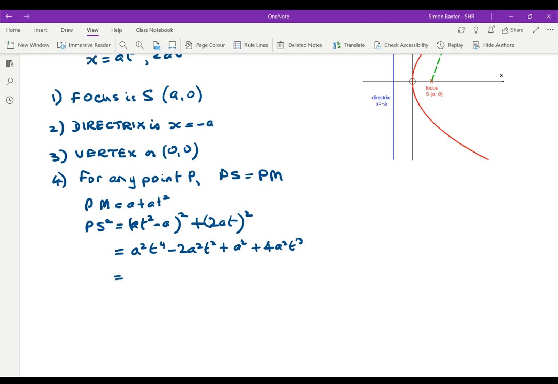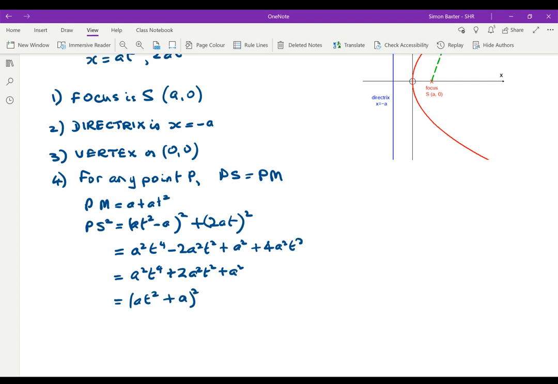That then is a squared t to the 4, then we have minus 2a squared t squared plus 4a squared t squared. That gives us plus 2a squared t squared plus a squared. Well, I hope you can recognize that that is (at squared plus a) all squared.